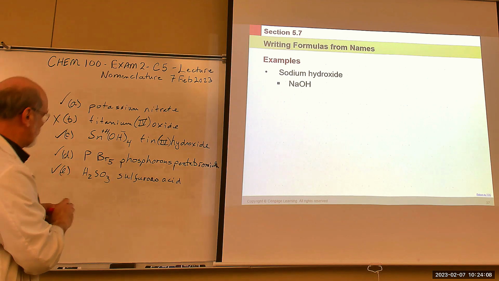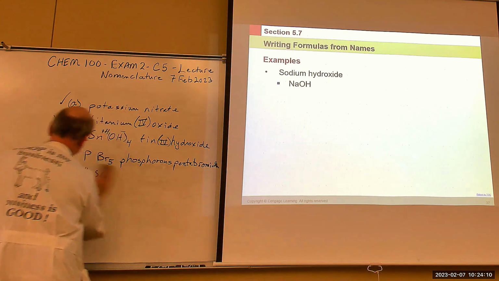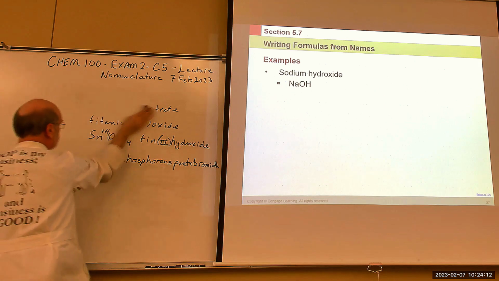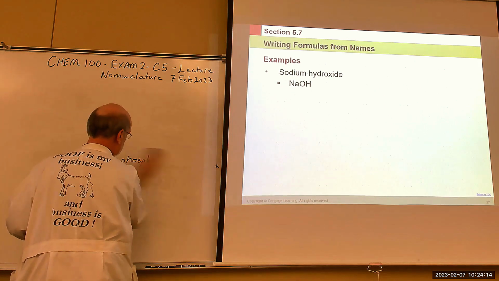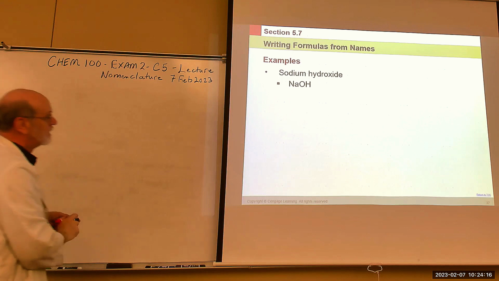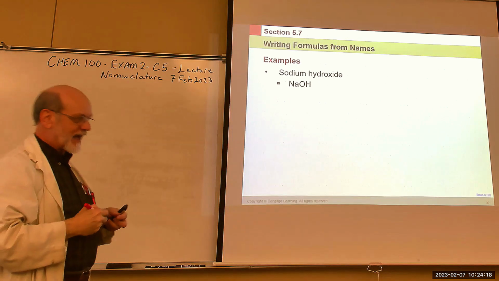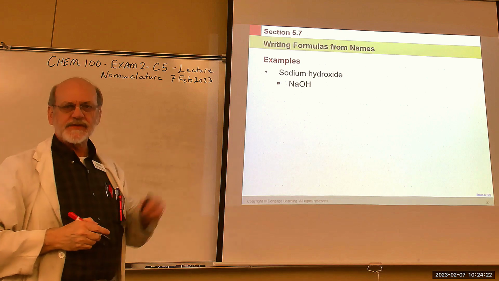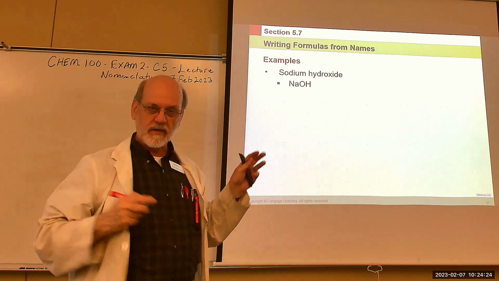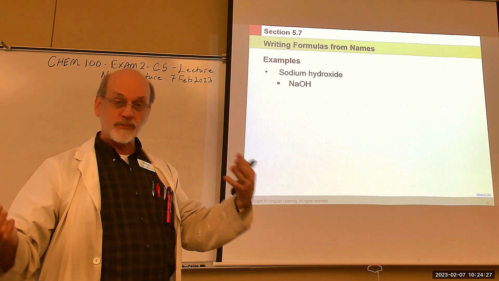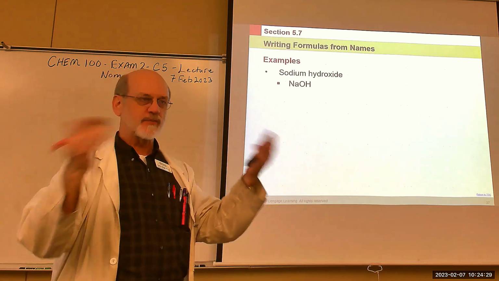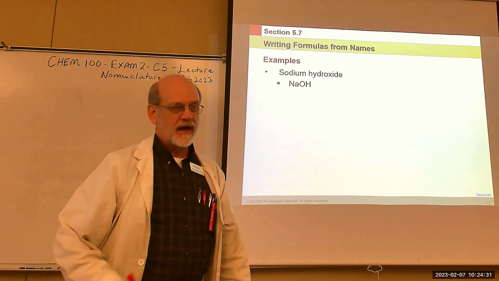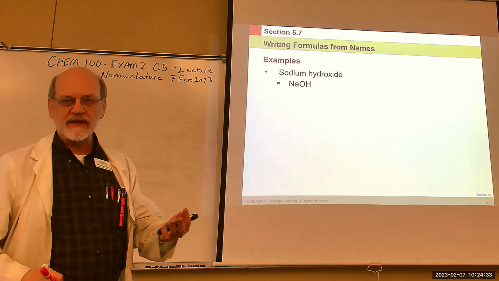The only one that's incorrect was, okay, we'll go to the next slide, sorry. Sodium hydroxide. This is a base, counterpart to the acid. That's what you put together when you want to neutralize an acid, you put a base in there with it. But the bases don't need special naming conventions.